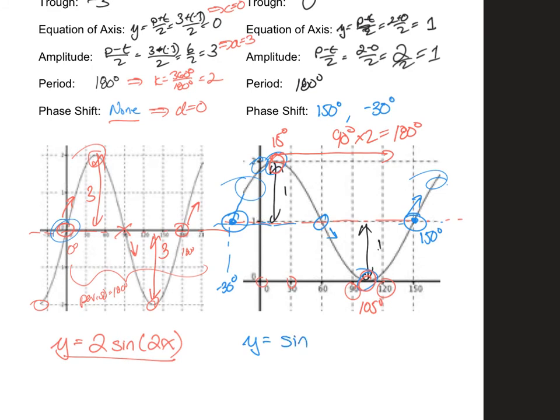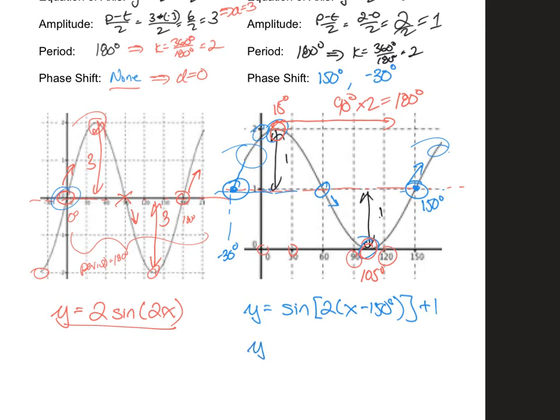Sine, my k value here, oh, I didn't calculate the k value. So this implies that the k value is 360 degrees over 180 degrees, which is 2. So I'm going to use square brackets because I know there's going to be a phase shift. So this could be sine of 2 times, if we use 150 to the right as the phase shift, x minus 150 degrees, and this graph is shifted up 1, so that is one equation.